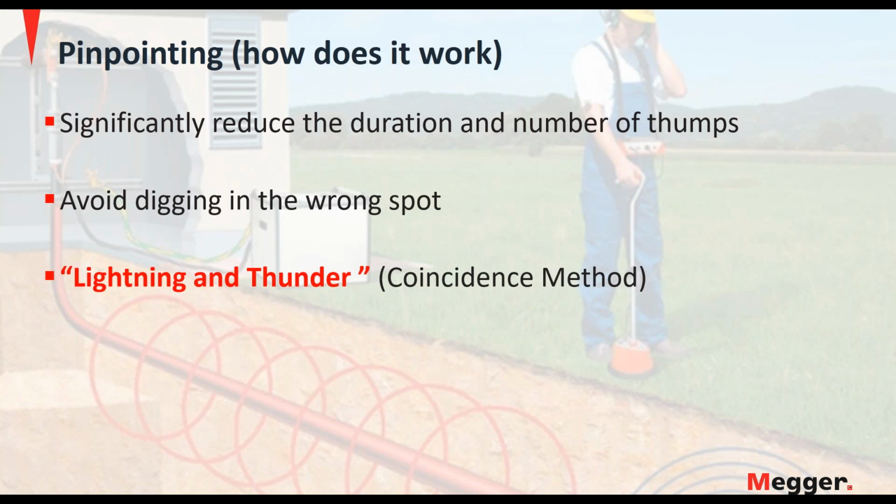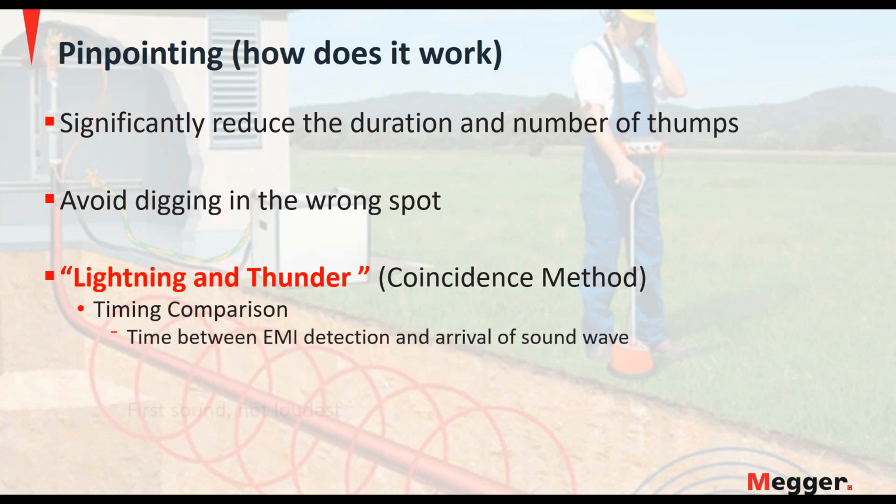We describe that with lightning and thunder, which is a timing comparison between the electromagnetic pulse and the acoustic wave. The Digiphone triggers off of the first sound, not the loudest sound. So if for some reason you're pinpointing cables in a conduit, it will still pinpoint it even though you have that echo effect in conduit.